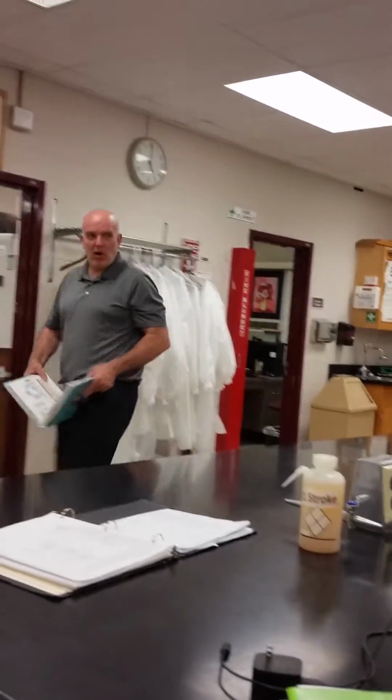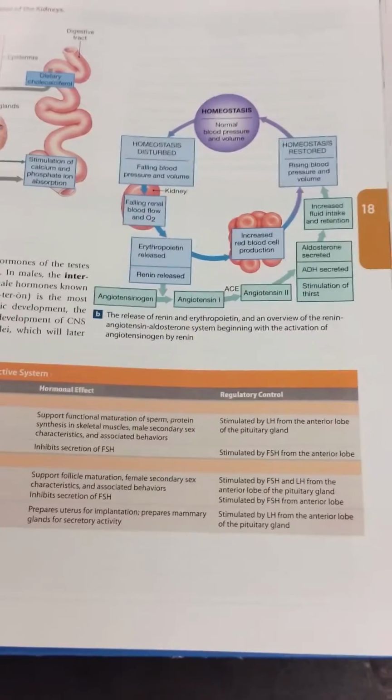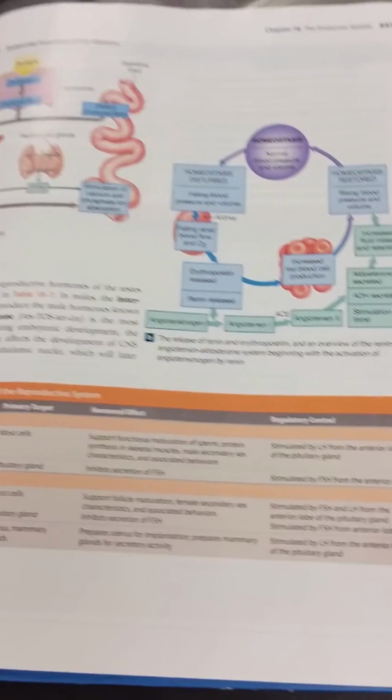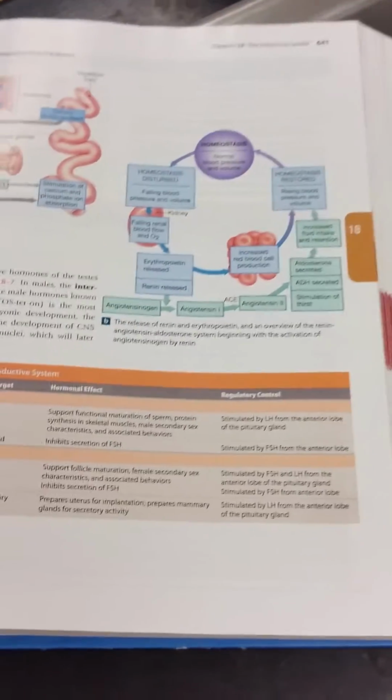I have a question on the renin-angiotensin aldosterone story on page 641. There's a question on the test. Page 641. Yeah, right there. That's the renin-angiotensin aldosterone story. By the way, it comes up again in the kidney chapter that we start after the test. So I'm actually going to post it.